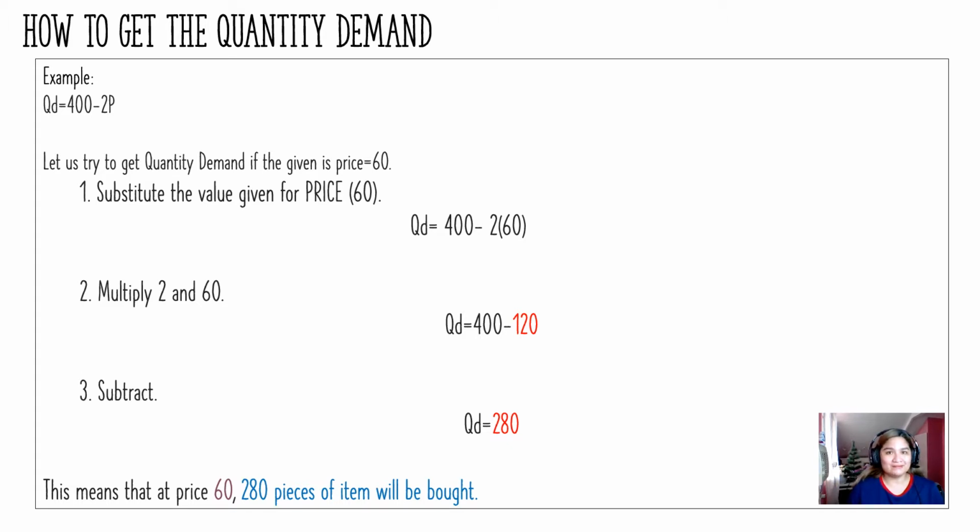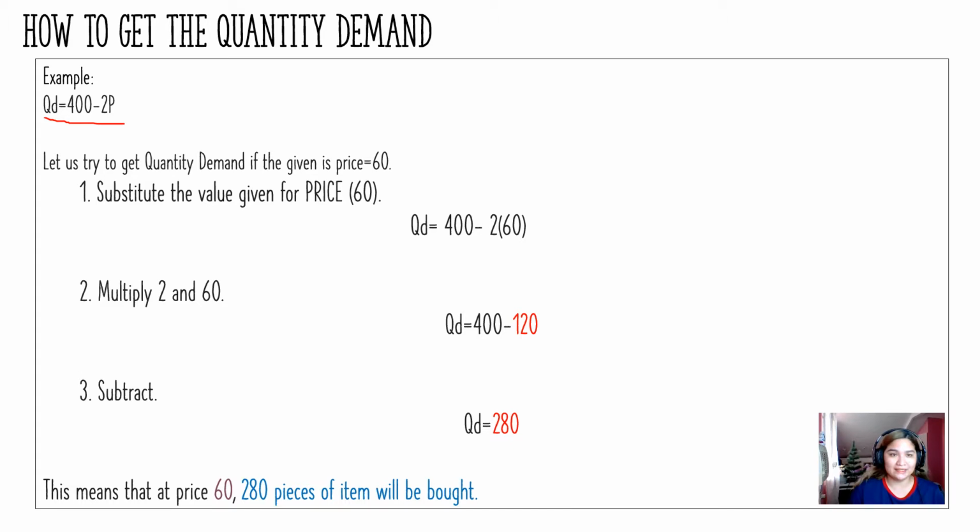In this first part, we are going to get the quantity demand. So we have here an example. Demand function, QD equals 400 minus 2P. So 400 and 2 are both given. This is the demand function that we're going to use.